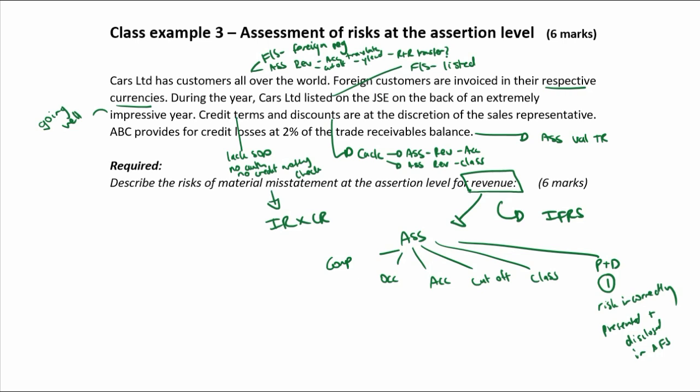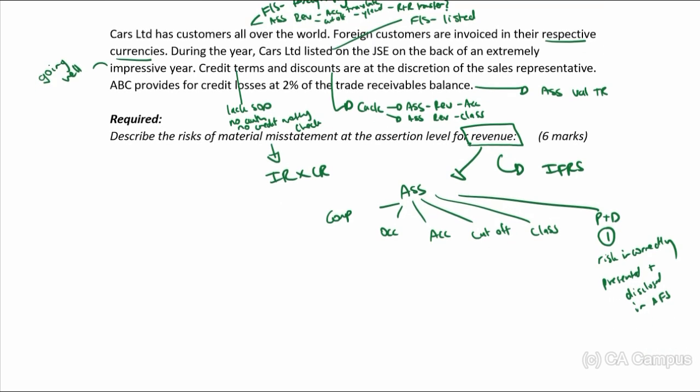And now I need to go into my information to see if I can pick up any other risks for revenue. So we had here, because of the foreign transaction, so I can go and say under accuracy, the translation. And so risk that your foreign are translated at the incorrect exchange rate, therefore the rand amount is wrong in the financials.